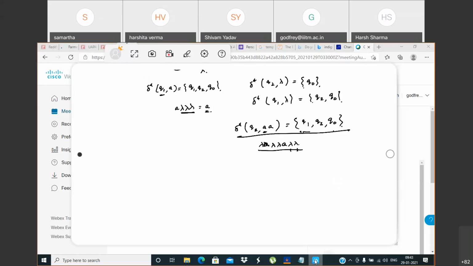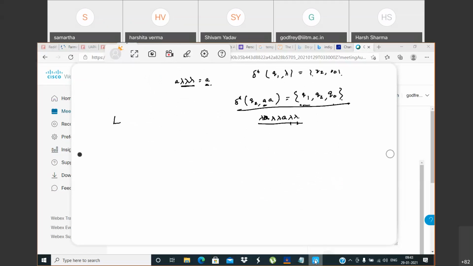Now, the language accepted by the NFA is defined as the set of all strings accepted by it.